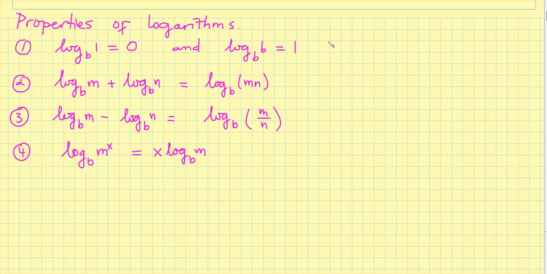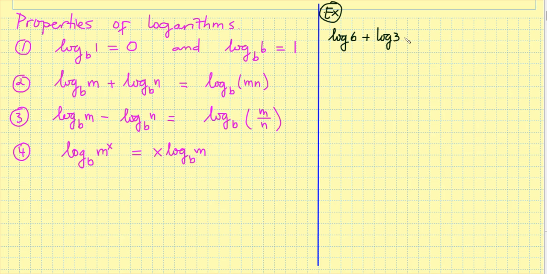So let's say I'm going to write the example on this side. For example, if we would like to condense this expression, we have log 6 plus log 3 minus log 9.